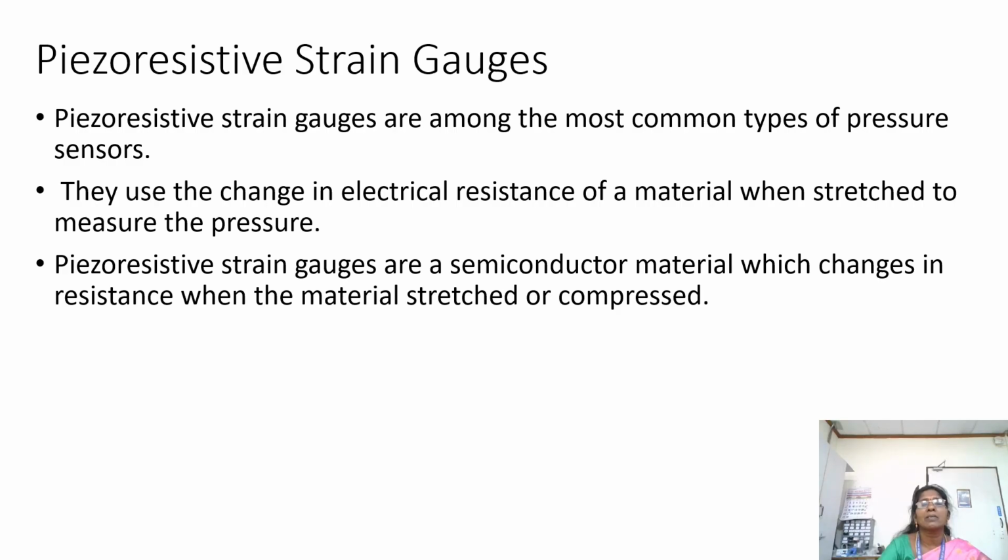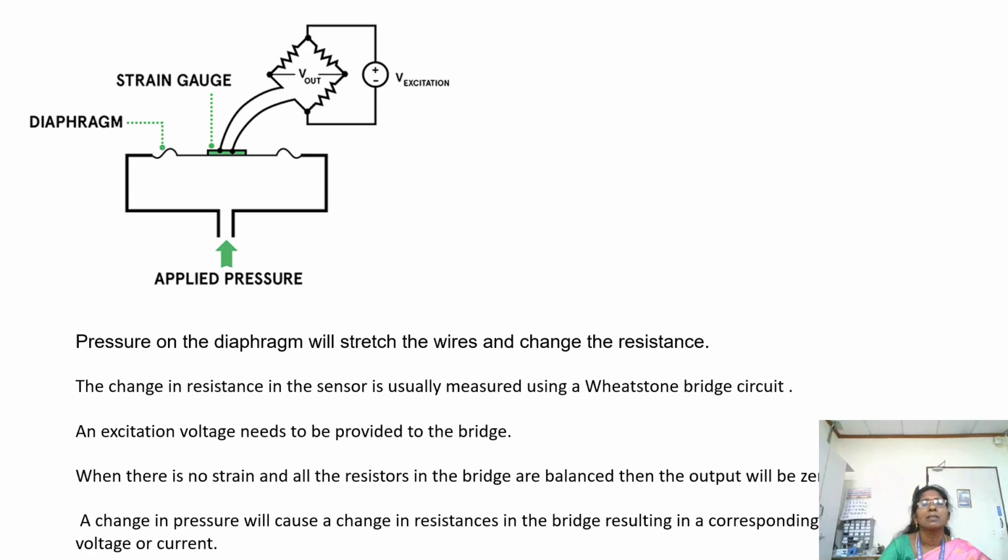Piezo-resistive strain gauges are a semiconductor material whose resistance changes when the material is stretched or compressed. Next is a diagram of the strain gauge. Pressure on the diaphragm will stretch the wires and change the resistance. The change in resistance in the sensor is usually measured using a Wheatstone bridge circuit. Excitation voltage needs to be provided.